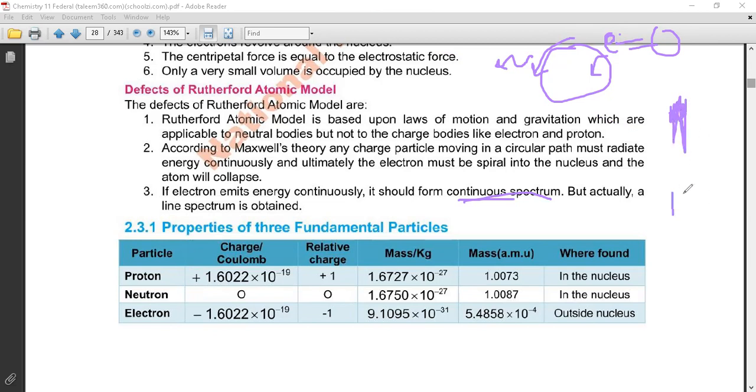But a line spectrum instead is of different colors, where some energy is given out and then stopped, some energy is given out and then stopped, and so on. It's like this line spectrum. There are further types of spectrum, but I don't want to go into the detail. You should generally understand this, and then we will discuss it in another lecture.